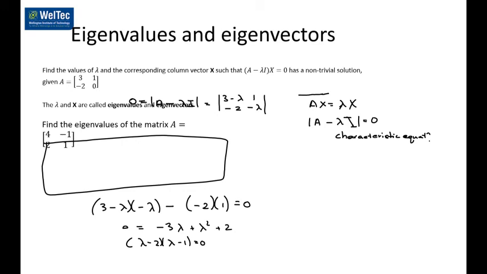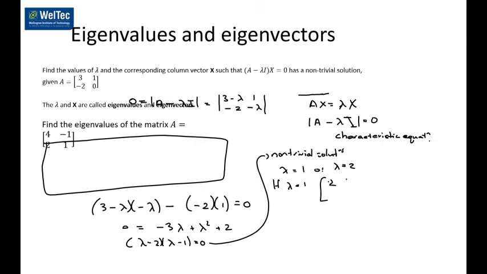So it's got non-trivial solutions only if lambda equals 1 or lambda equals 2. Now, if lambda equals 1, then our matrix becomes 2, 1, negative 2, negative 1.